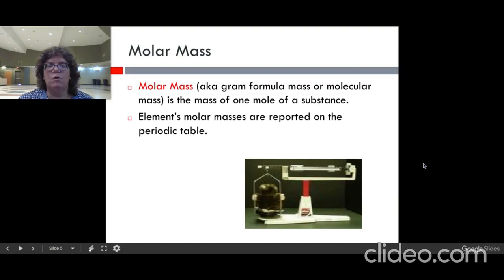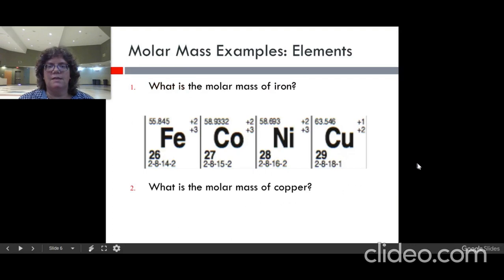So the molar mass of an element can be found on the periodic table. It is actually the number that is above the abbreviation. So you see here this little portion of the periodic table, this number above the abbreviation. For iron, that first question says the molar mass of iron is 55.845.